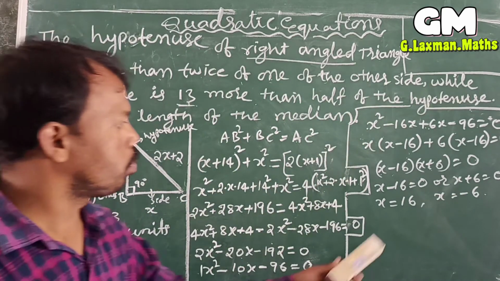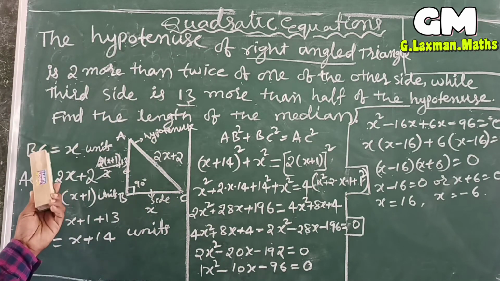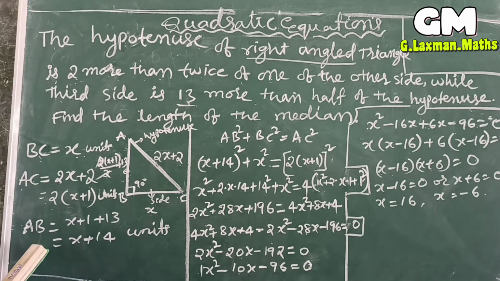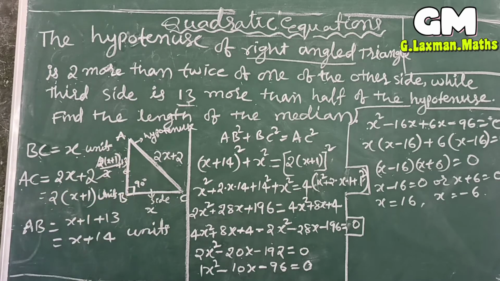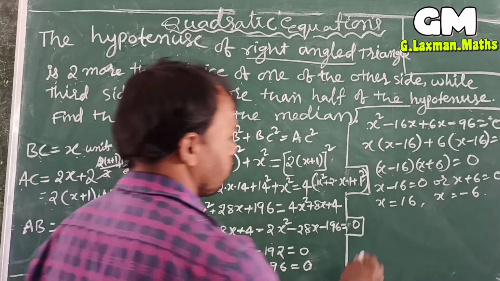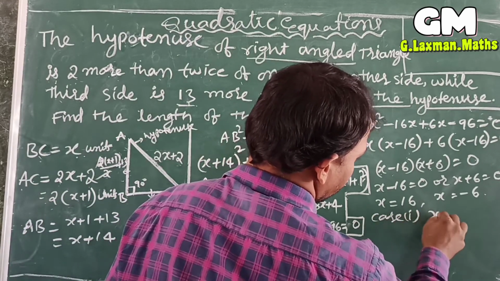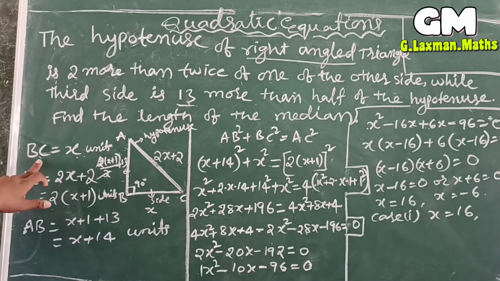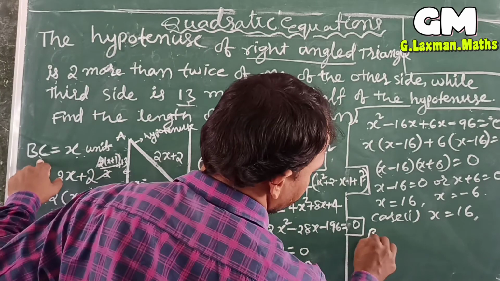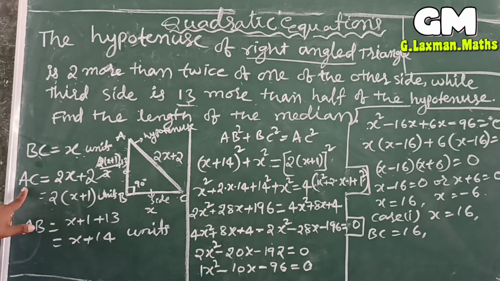Now you have to put these values in BC, AC and AB, and you will get the lengths of all the sides. Let us take case 1, x is equal to 16. What is the value of BC? BC is 16. And what is AC?